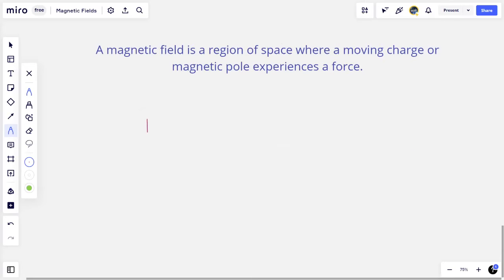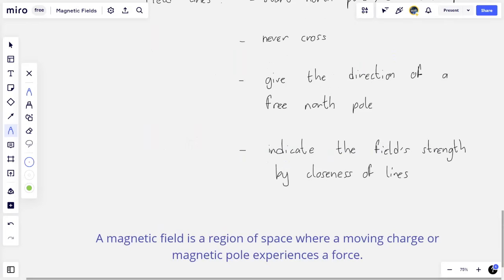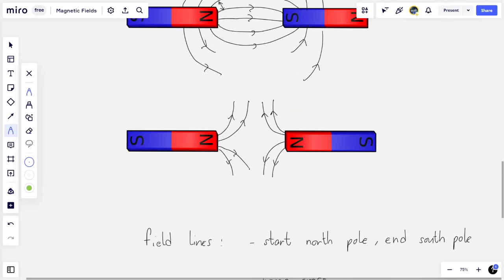So the first thing we want to discuss about some of the uses of the magnetic field is the motor effect. It's called the motor effect because it's the effect that allows motors to operate. What is the motor effect? Well, simply, we'll bring back our magnets.